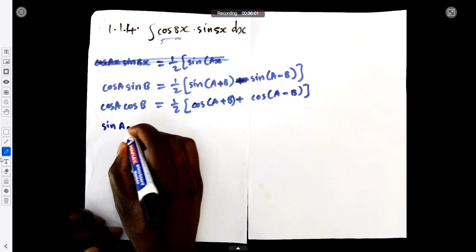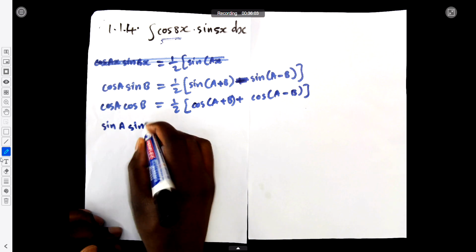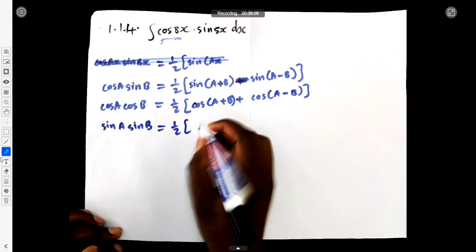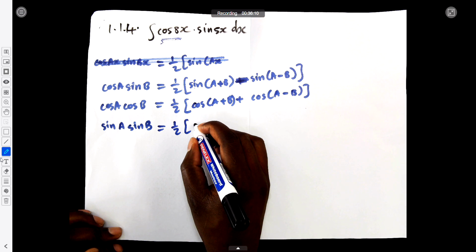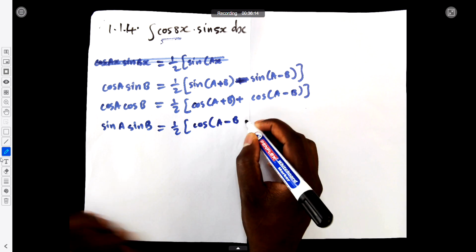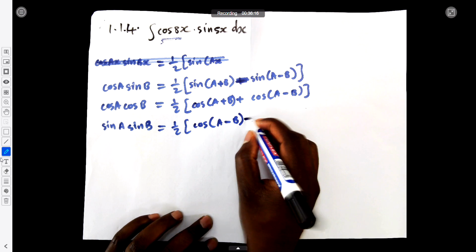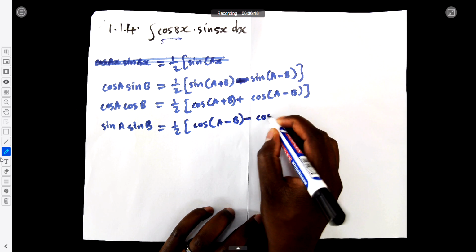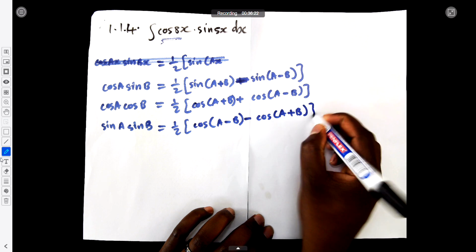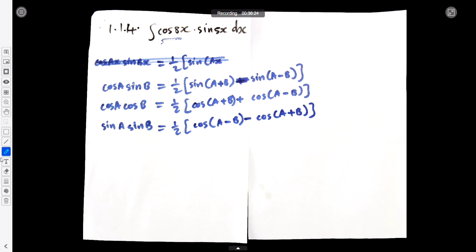If we have sine and sine of different angles, it must be half into cos A minus B minus cos A plus B. So if it's a cos and sine of different angles started with sine, therefore it is minus in between, then minus there, then for sine and sine.